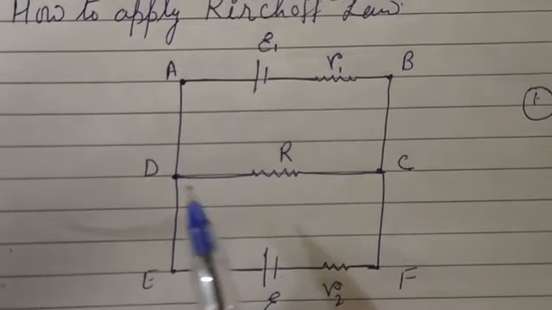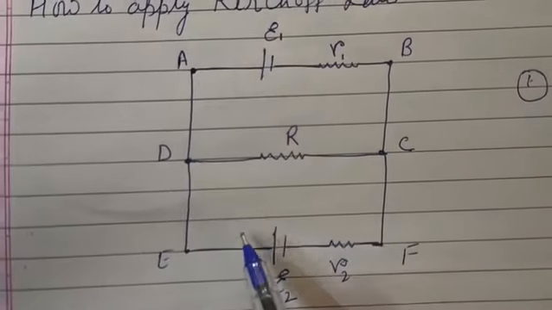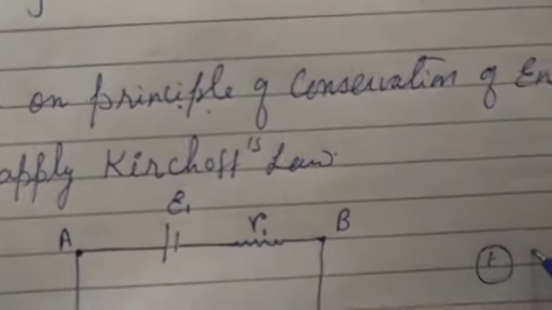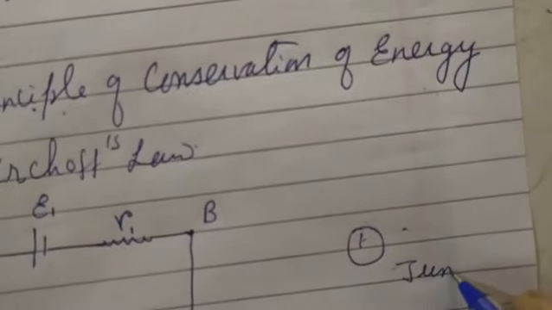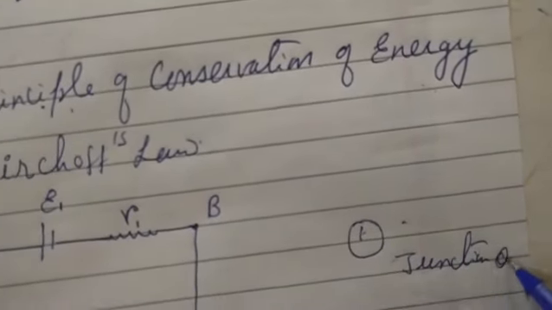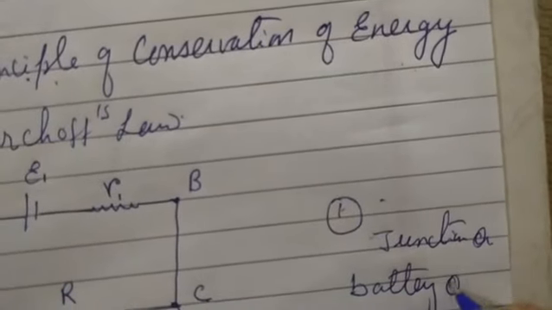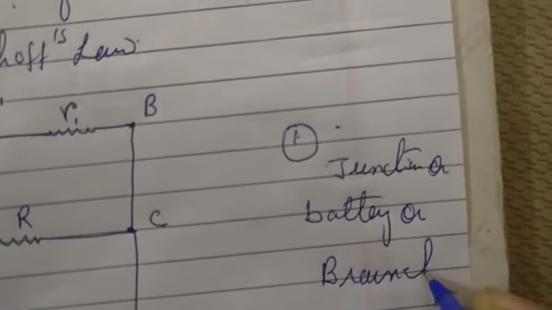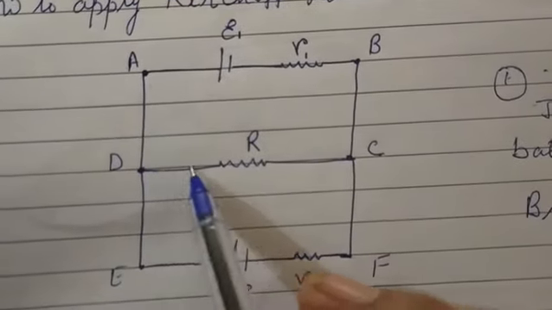We can start from the junction, or from the battery, or from the branch. Here two junctions are there, B and C, because three lines are meeting.